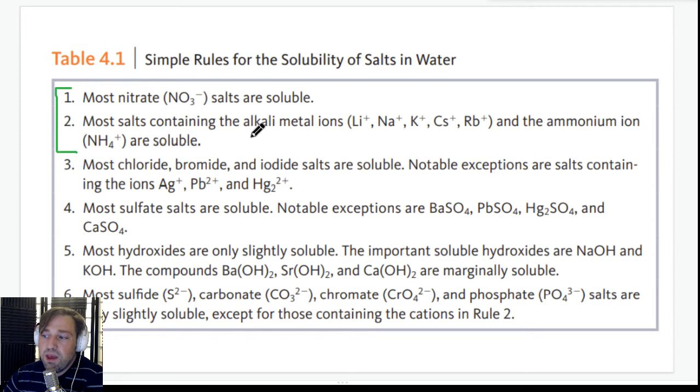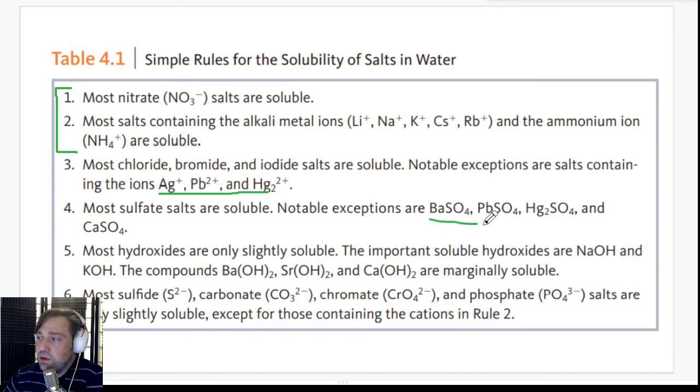If the thing is a nitrate, it is soluble in water. If it has a group 1 alkali metal ion, lithium, sodium, potassium, cesium, rubidium, or an ammonium ion, then they're soluble. So these are the 2 rules that we're going to be working with.